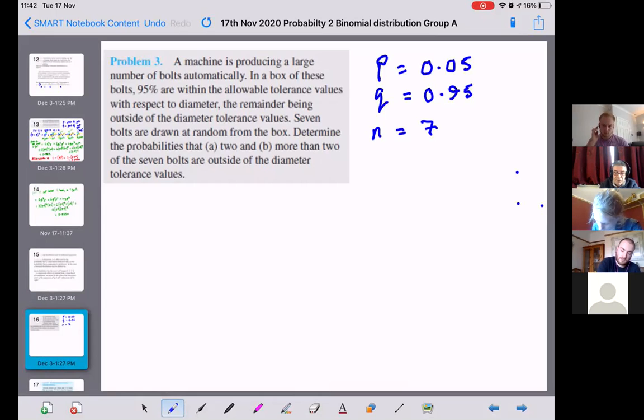So we need to find the probabilities of 2, so we need to expand (Q plus P) to the 7. So we need the 7th line of Pascal's triangle.